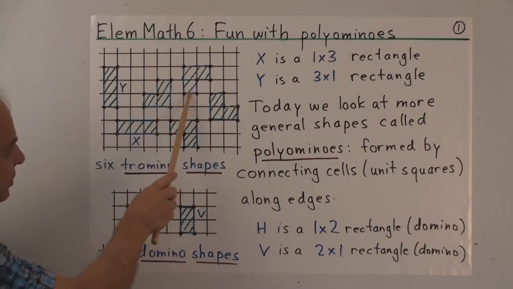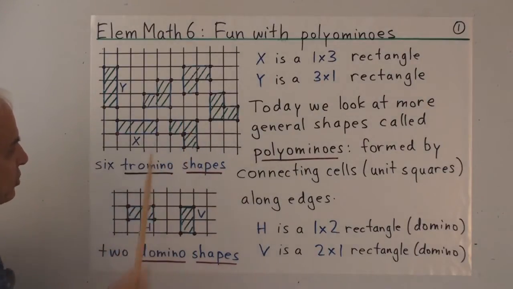These are all different shapes because you can't translate from one to the other. It's also useful to look at the smaller polyominoes, which are just dominoes. So a 1 by 2 rectangle or a 2 by 1 rectangle, call that one H and that one V. They're also examples of polyominoes.